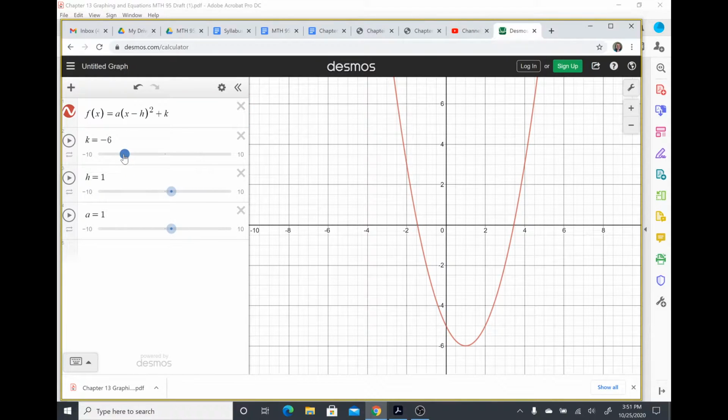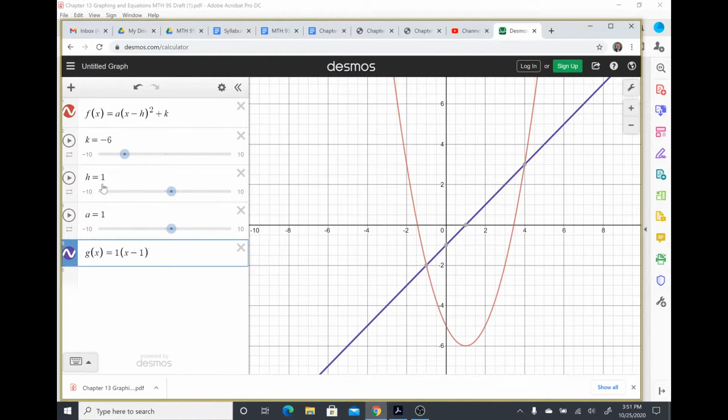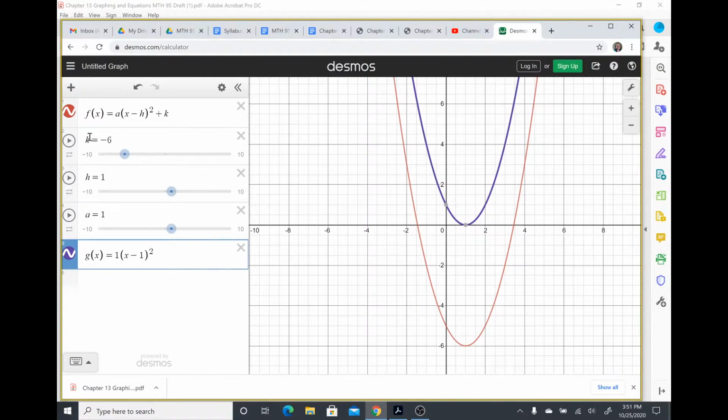So the equation I have written is g of x equals, my a term is 1 right now, x minus my h term, which is currently 1, and my k term is -6. So that's the equation that I have made.